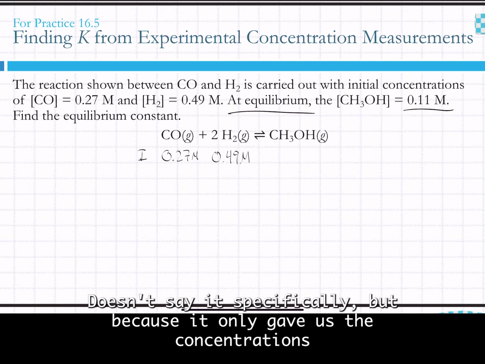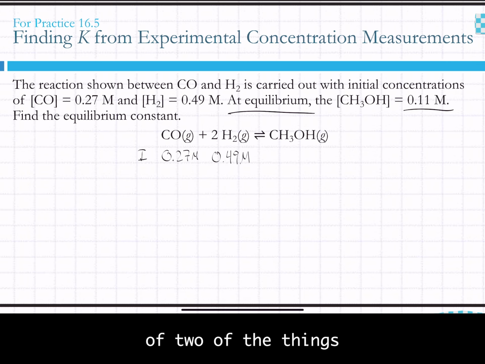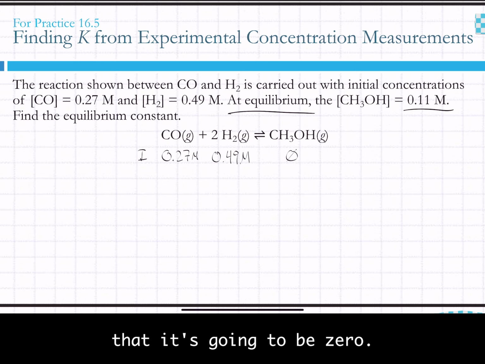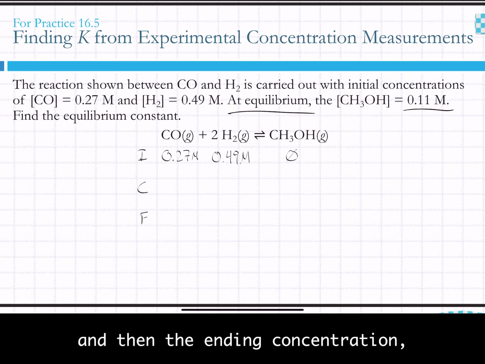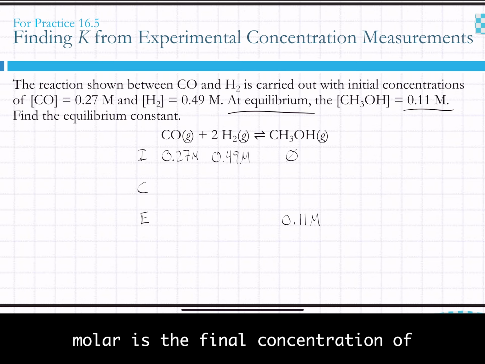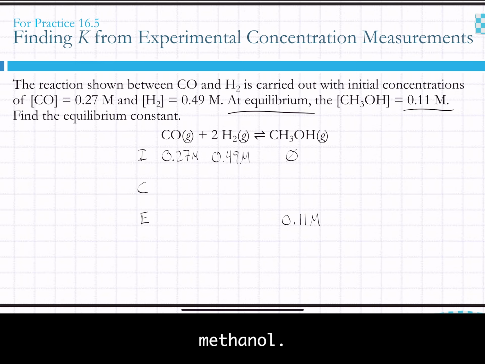It doesn't say it specifically, but because it only gave us the concentrations of two of the things, we can sort of infer that that means that's going to be 0. Some change, and then the ending concentration. And that's where we have 0.11 molar is the final concentration of methanol.